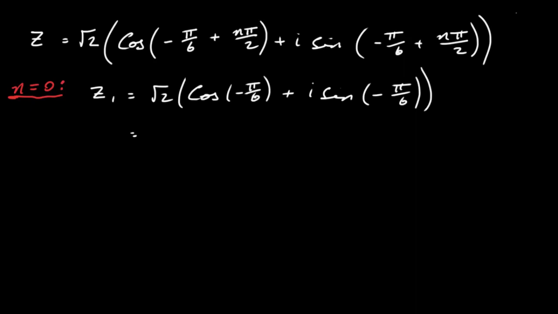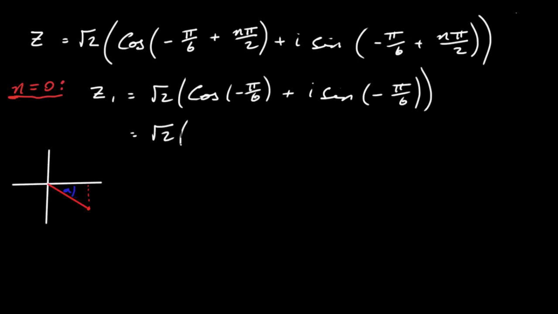Now if you take minus pi over 6, let's quickly sketch that and see where that is. It's down here somewhere. It's 30 degrees in the negative direction, so we're looking at this angle here. To find the cos and the sine of that angle, we look at our reference angle, which is pi over 6. We have our root 2 anyway.